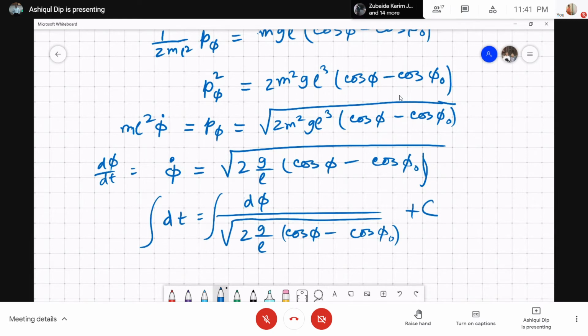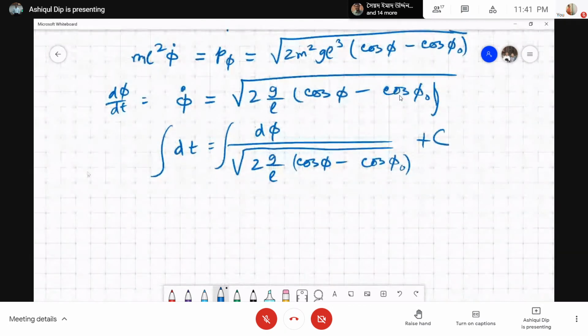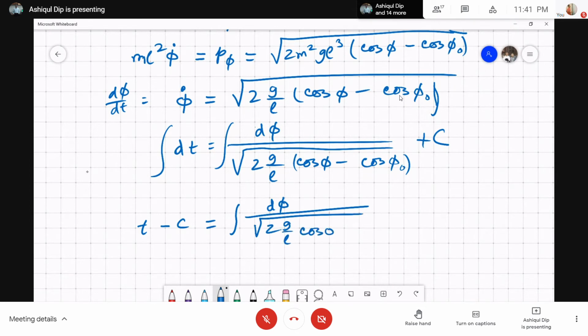So we are integrating over time: t plus c, t minus c equals the integral of d phi over the square root of 2g by l times cosine phi minus cosine phi naught.